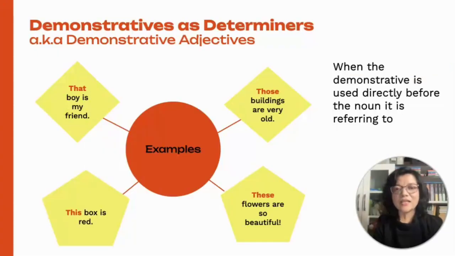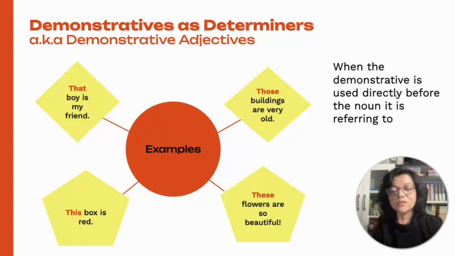Let's now understand the function of demonstratives as determiners or demonstrative adjectives when they are used right before a noun. Let's look at the example on the left-hand side corner. This box is red. Here the demonstrative this is used right before the singular noun box.